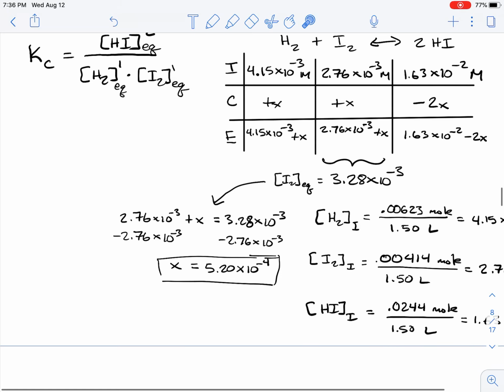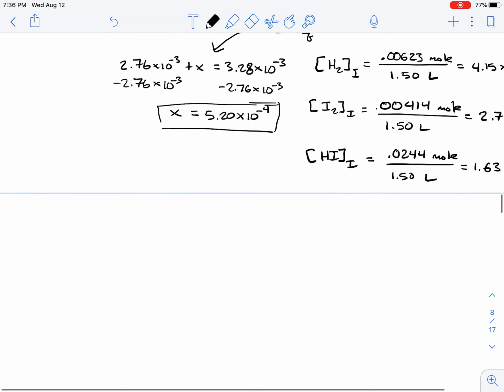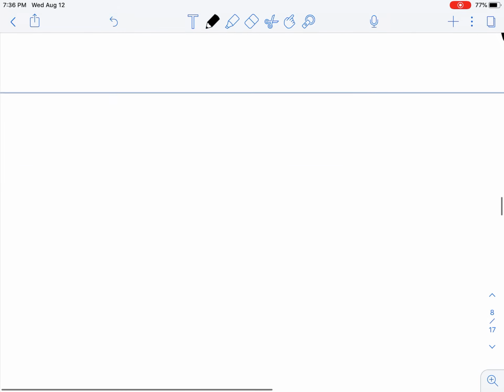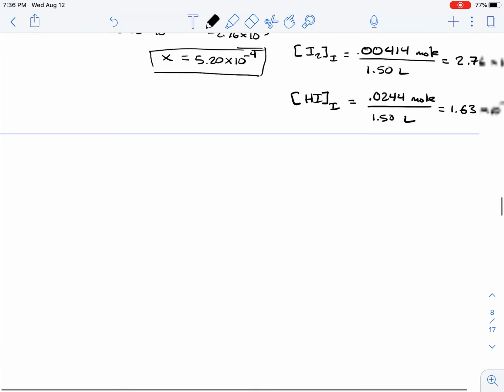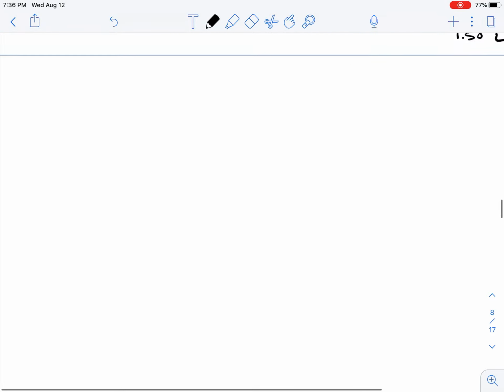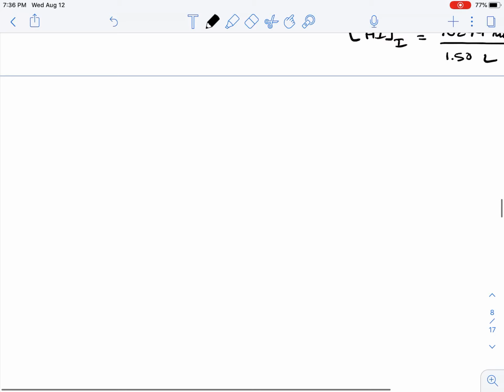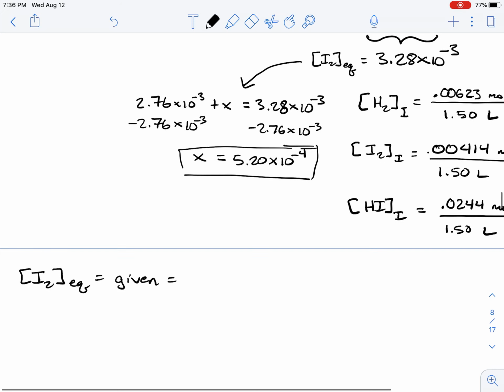Okay. And so I'm going to go ahead and start out by writing the equilibrium concentration of I2. This is already given to us in the problem. And that's going to be 3.28 times 10 to the negative 3 molar.